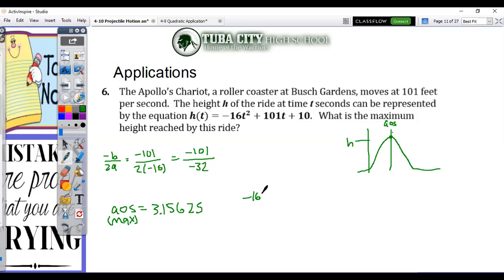Negative 16 point, oh wait, we don't need t. We're going to need the number that we just have. And I don't want to be saying this number every single time I write it, because it would take too long and would be tiring for me to say.